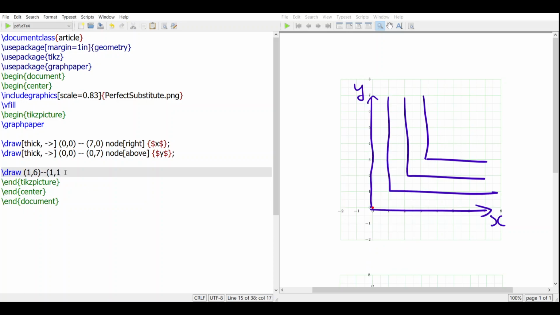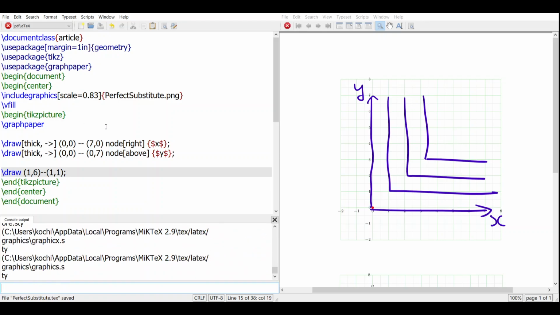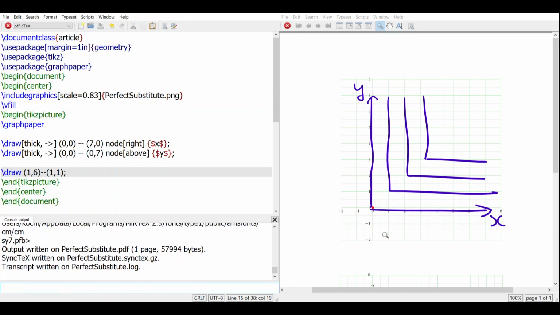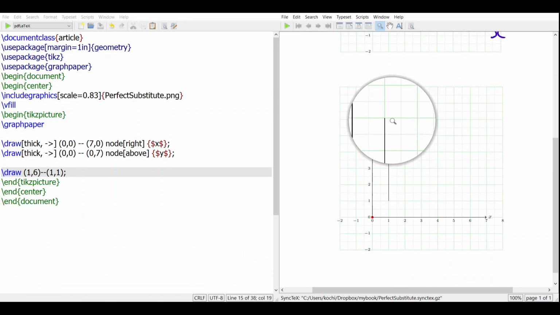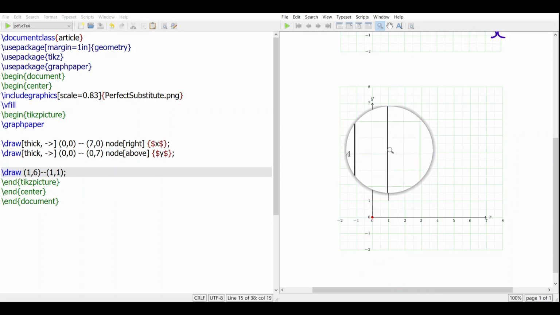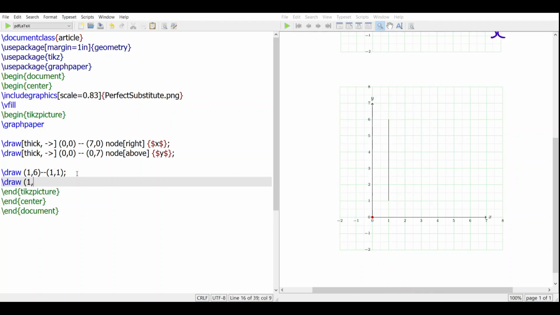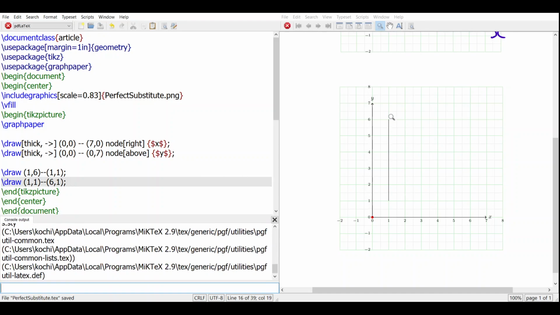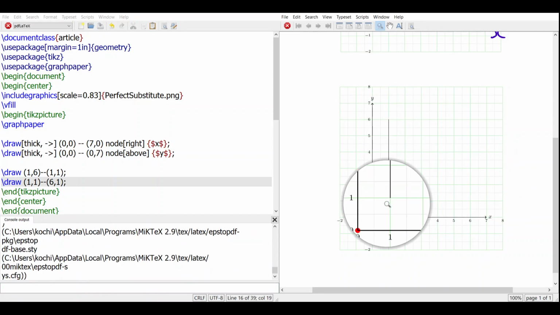And this will give us the first vertical line, as you see, from 6, 1 to 1, 1. And then we can also draw from 1, 1 to 1, 6, so 6, 1. Okay, and this will complete this line.